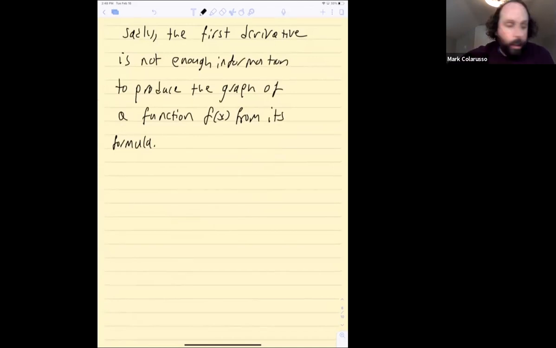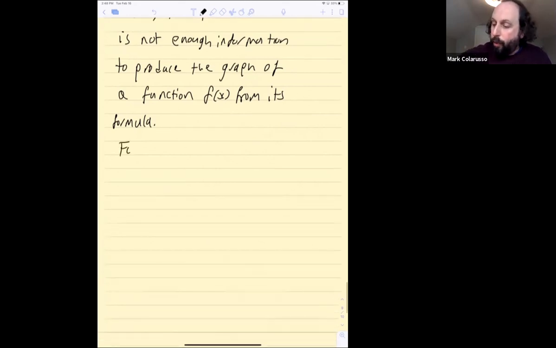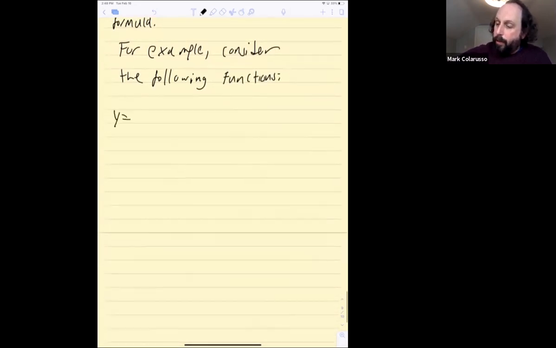Let me do another example. Consider the following functions. The first function I'm going to give you is root x, and we'll call it f of x.